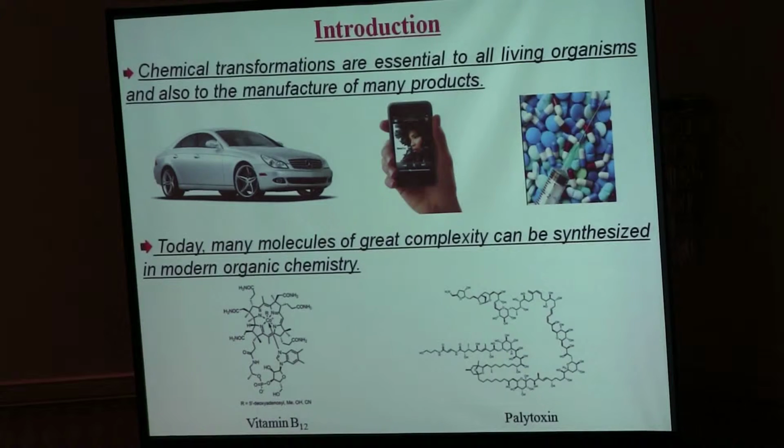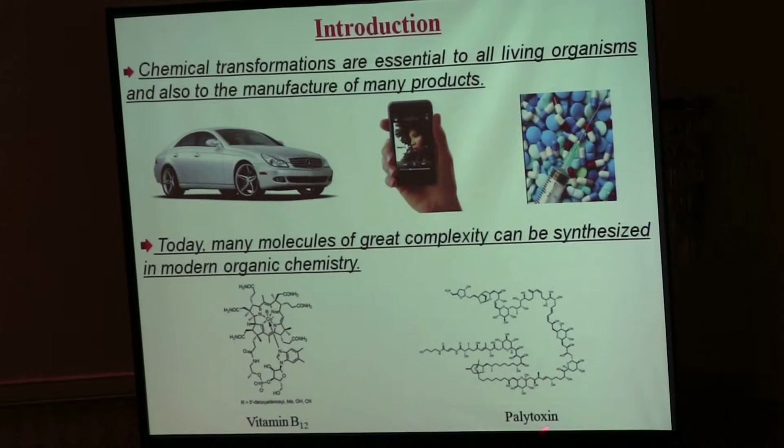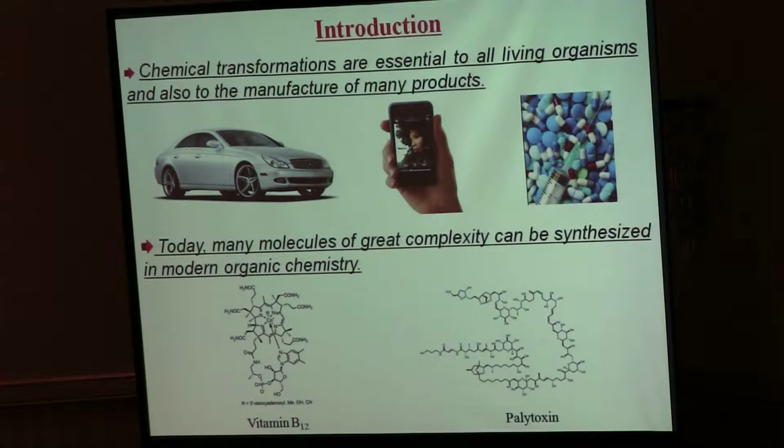Today many molecules of very great complexity can be synthesized in modern organic synthesis. You see vitamin B12 or palytoxin, we can synthesize such complex molecules. For example, palytoxin has more than 60 chiral centers.